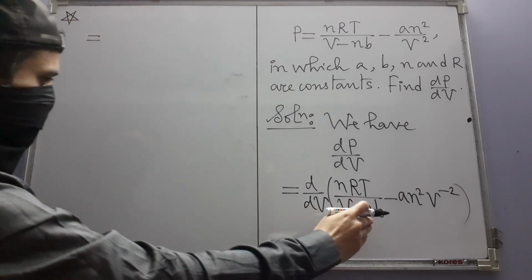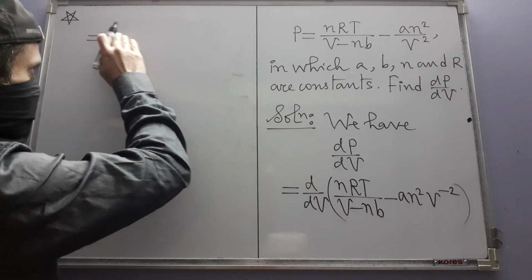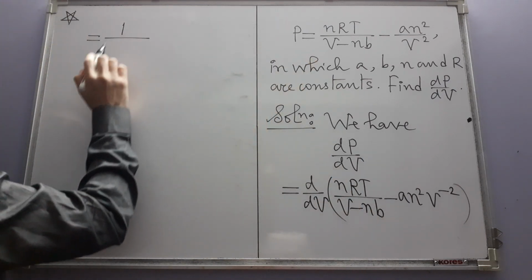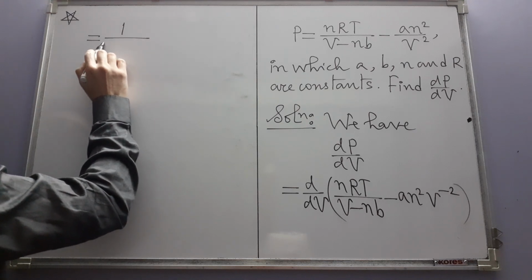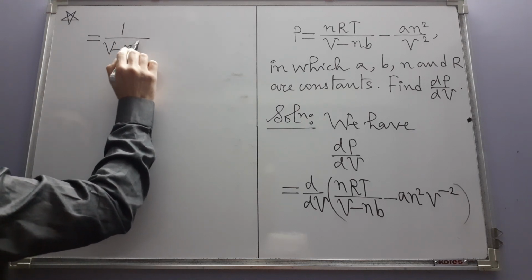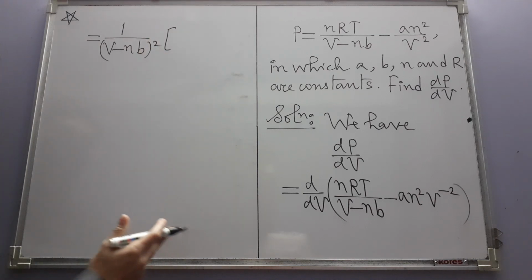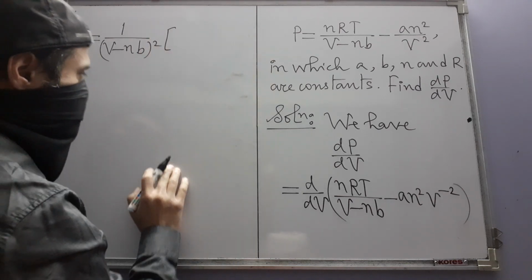Because if you apply the quotient rule, it takes some space. So let me write the thing like this. In the quotient rule, you have to square the denominator.